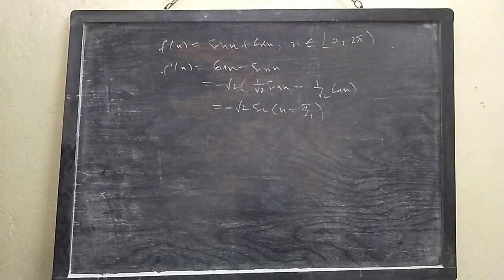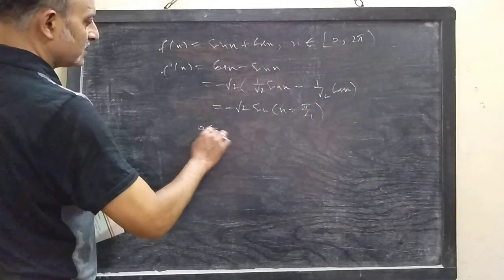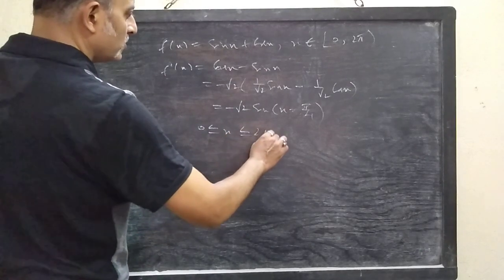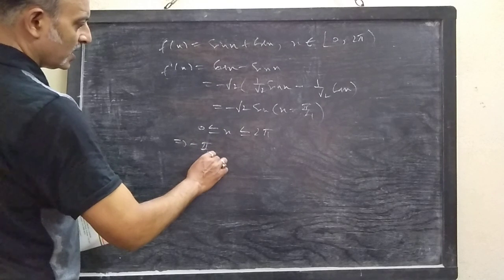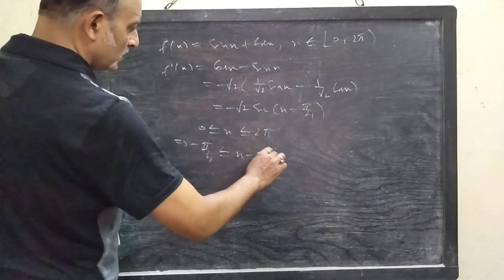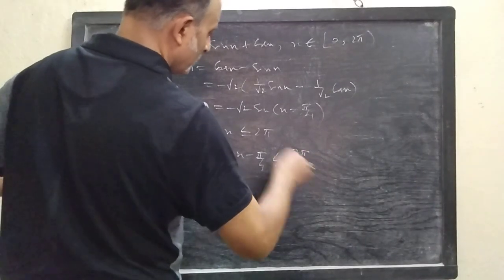Now, according to the given question, x belongs to this interval. This means x is greater than or equal to 0 and less than or equal to 2 pi. So if you subtract pi by 4, you get minus pi by 4 to 7 pi by 4.